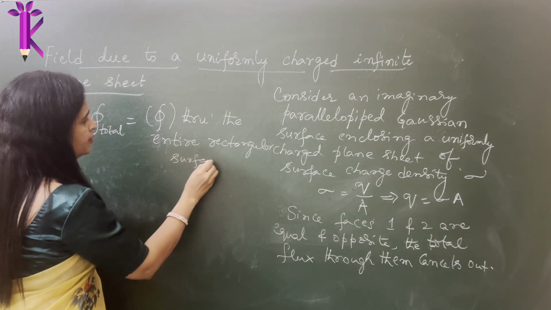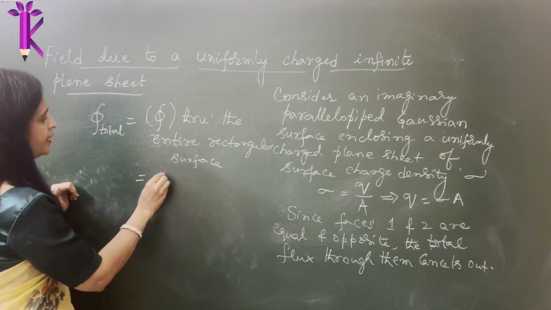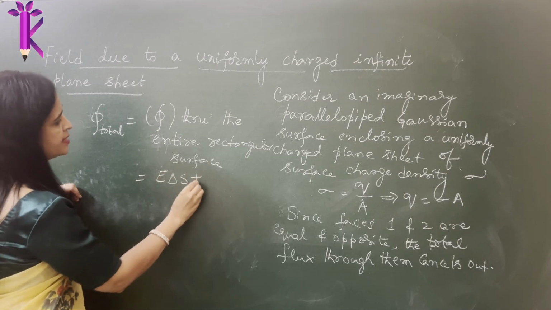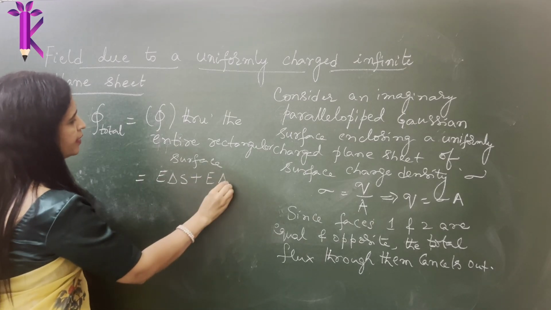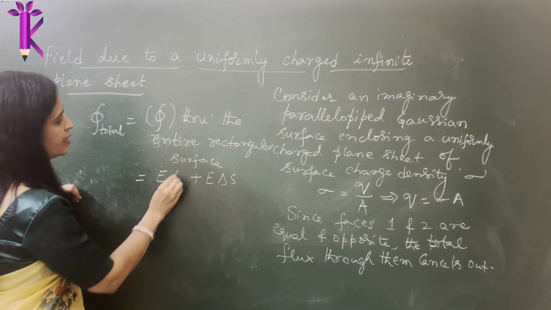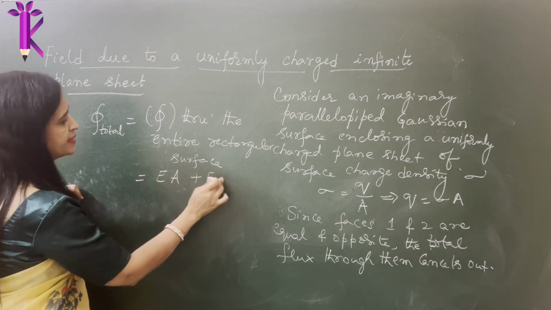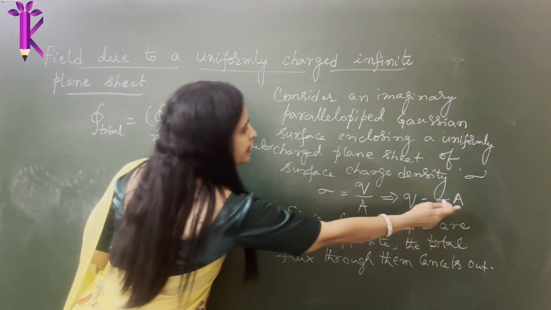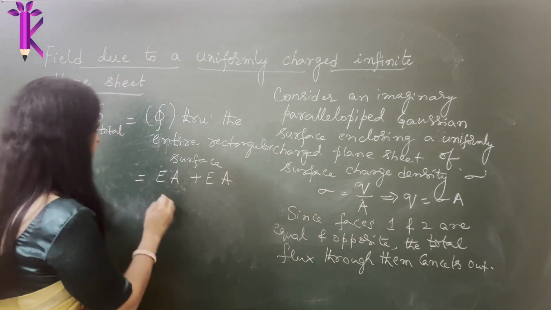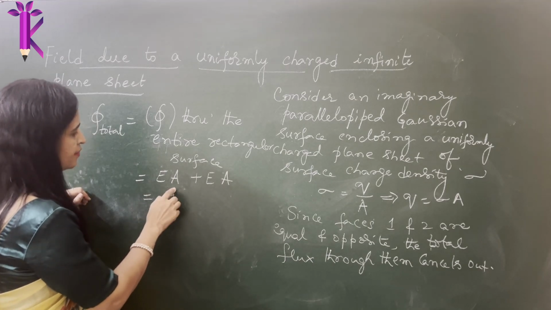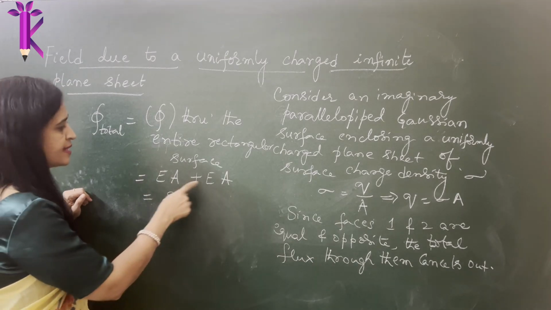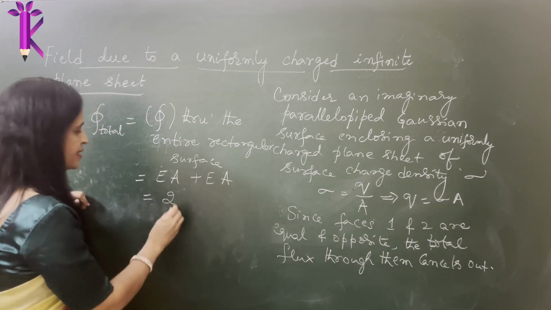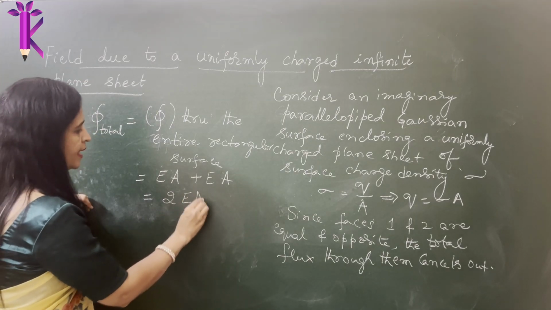Here that will be E delta S plus E delta S. For simplicity I represent delta S as area A, because here I have surface area A, so that will get cancelled anyway. So that becomes 2EA, right?